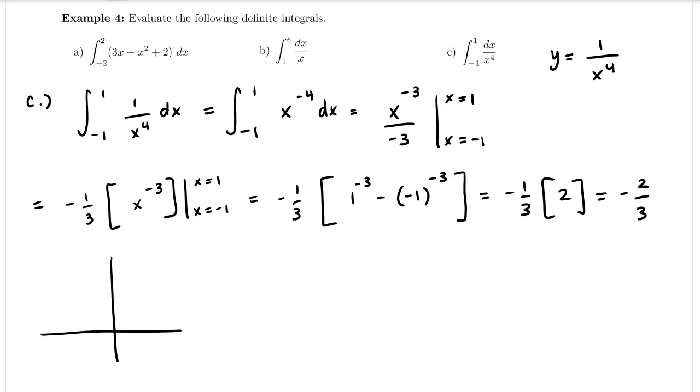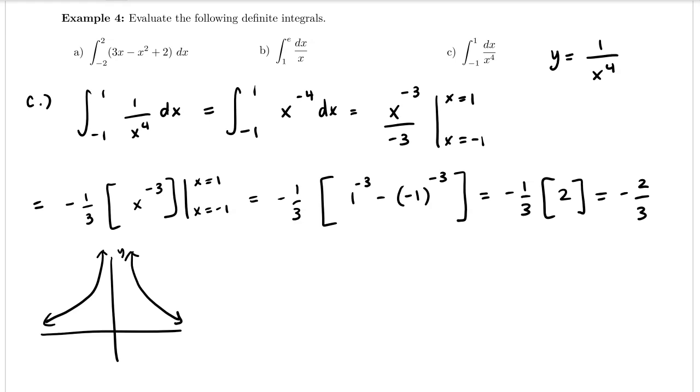And the reason that's happening is if we were to graph 1 over x to the fourth, we know that the values are always positive, and we know also that there is a vertical asymptote when x equals 0. So here's a really rough sketch of what the graph of that looks like.